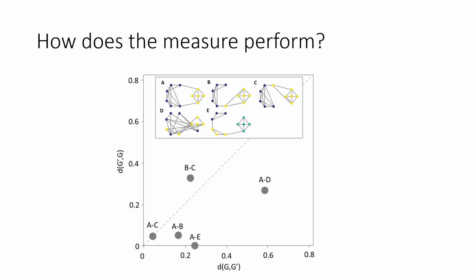And then I also want to point out the comparison of network A and B and A and C. If you can remember, because NMI was only looking at the partition, it measured these comparisons to be exactly the same.